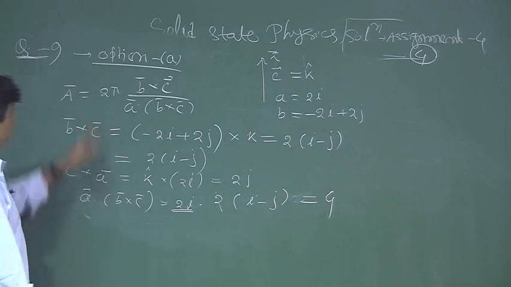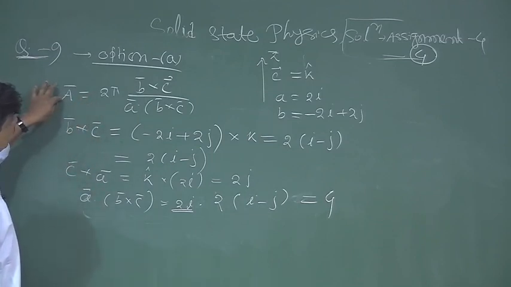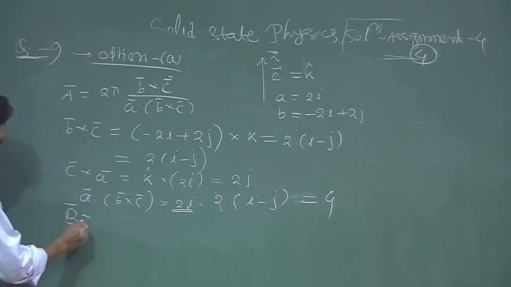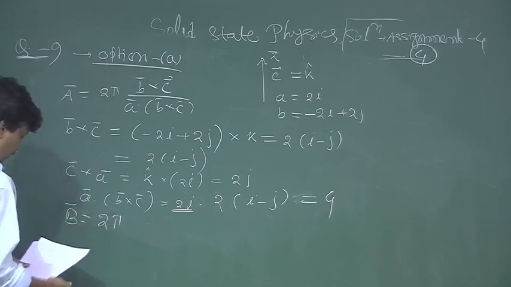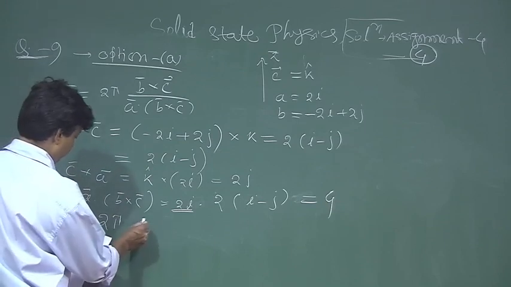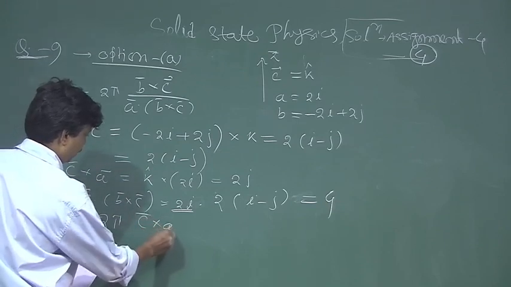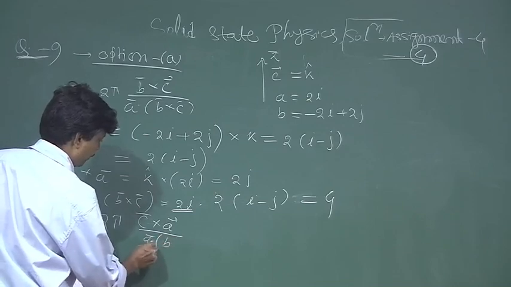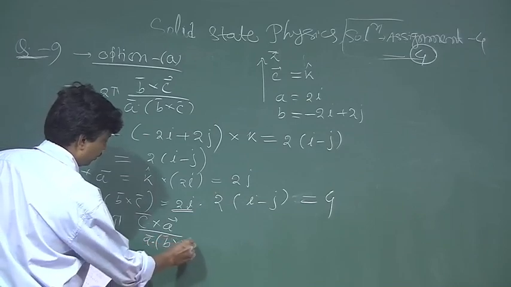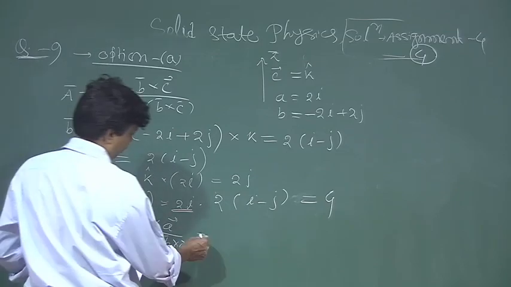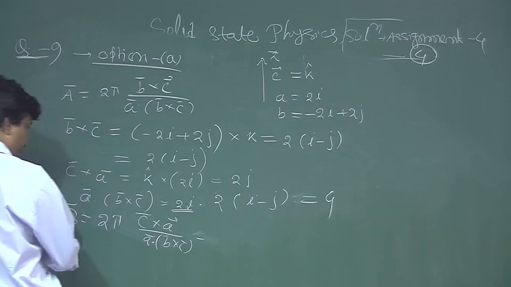Then just put this in place of the A vector and the B vector. What is the B vector? Your B vector is 2 pi into C cross A by A dot B cross C. So, this is A dot B cross C, and this is the B vector.